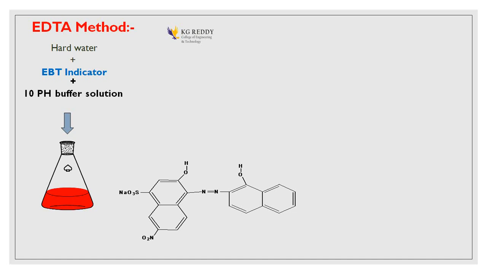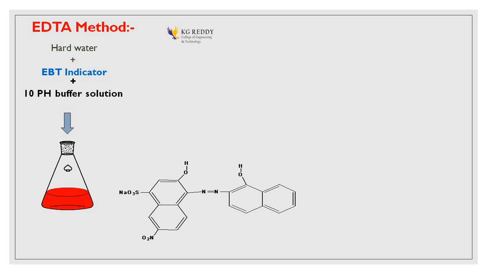Why do we add the buffer solution? To maintain the pH of the solution. Then titrate against EDTA solution. When you add the EBT indicator you get wine red color, which then changes to dark blue.